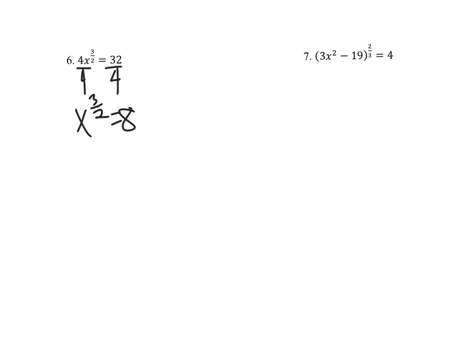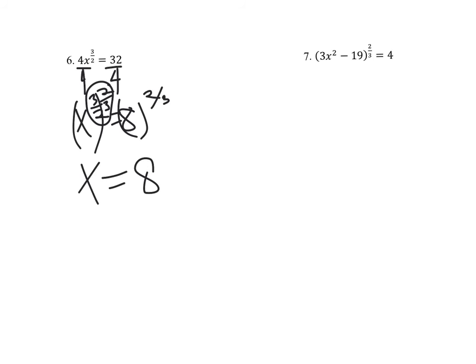So in order to undo the 3/2 exponent, I will need to raise it to the reciprocal, the 2/3 power. So both of these will be raised to the 2/3 power. So this right here will just become 1 now, which is exactly what I needed. So this is x equals 8 to the 2/3 power.